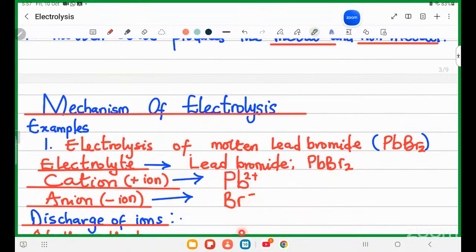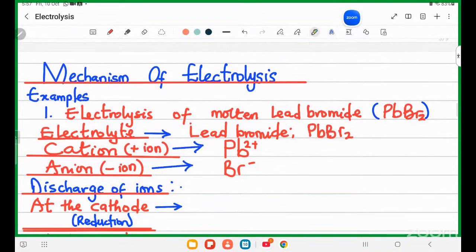All right. Now we want to see discharge of ions. What will happen when this is discharged and what will happen when this is discharged? Now, this one, where is it going to go? It will migrate to the cathode, right?